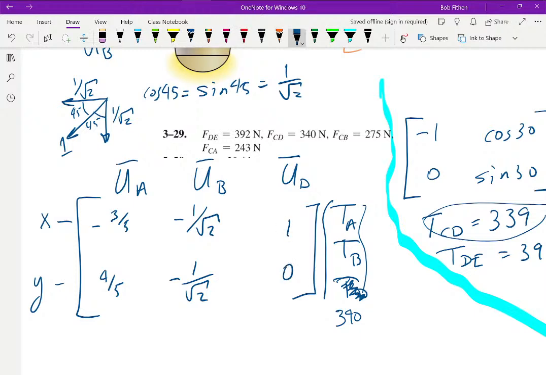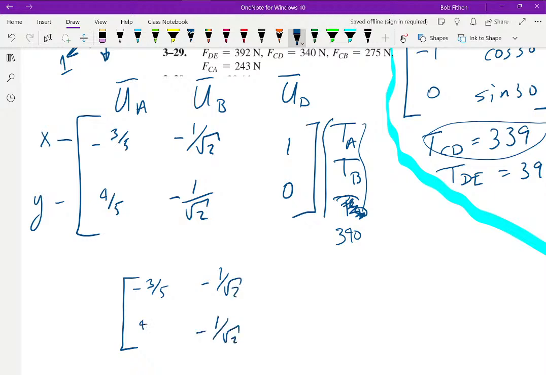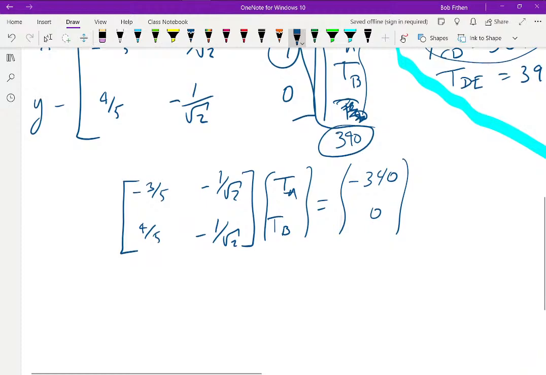Put a nothing there. Okay, now my matrix itself ends up being minus 3/5, minus 1 over square root of 2, minus 1 over square root of 2 and 4/5. I have a tension in A, tension in B, and took that 340, moved it to the right side, became minus 340. Let's see what we get here.